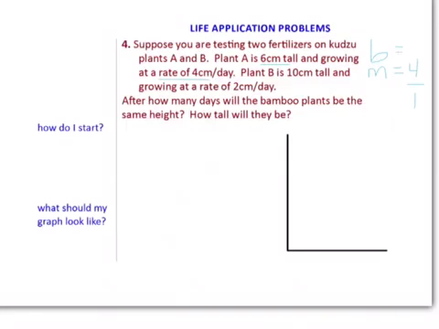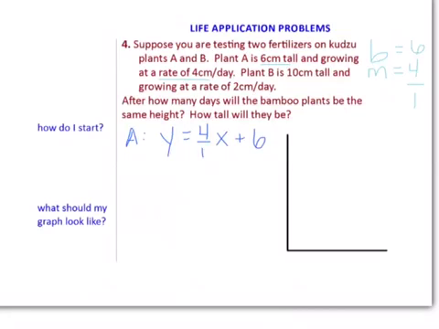So I begin at 6, and I'm changing at a rate of 4 centimeters every 1 day. So if I had to write an equation for plant A, I'd have y equals, well, my slope is 4, or 4 over 1, times x, plus where I begin, which is at 6.